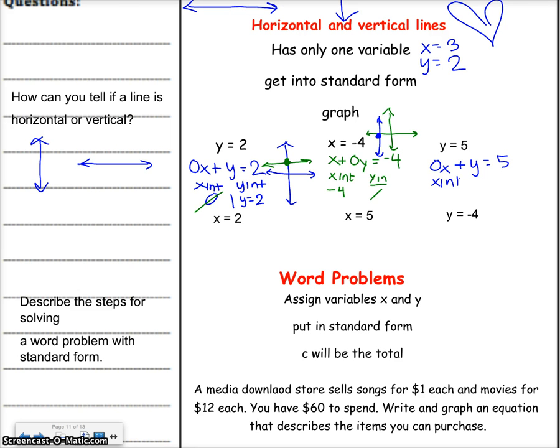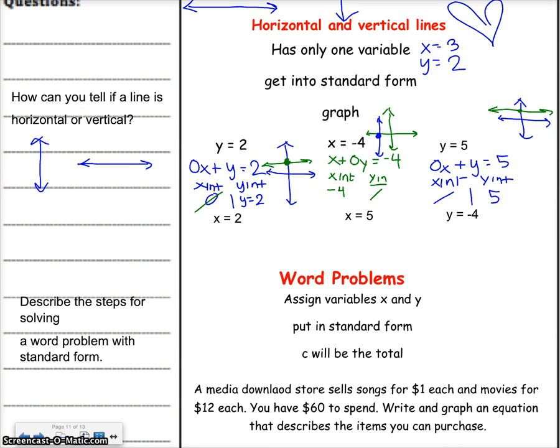My x-intercept would be nothing since I didn't have an x term. My y-intercept would be 5. So if you were to graph this, I cross my y-axis at 5. I don't ever cross the x-axis, it's non-existent. So it's going to be a horizontal line.